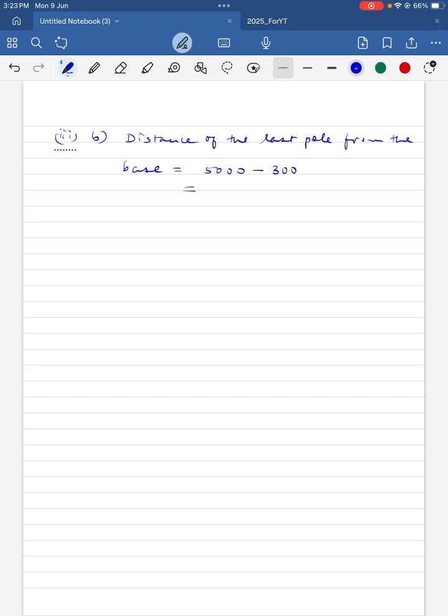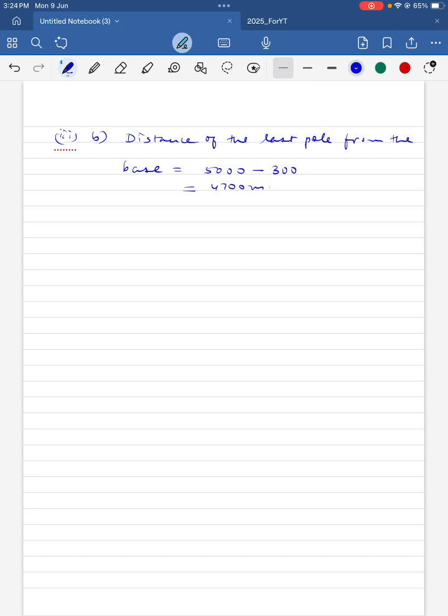Because they've said that the distance of this last pole from the top is 300. Okay, and right now we are trying to find out the distance of the last pole from the base of the hill. So that is equal to 4700 meters.